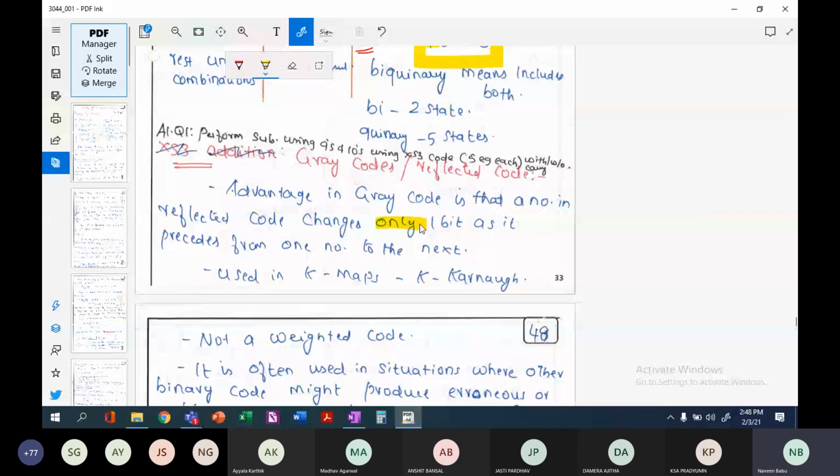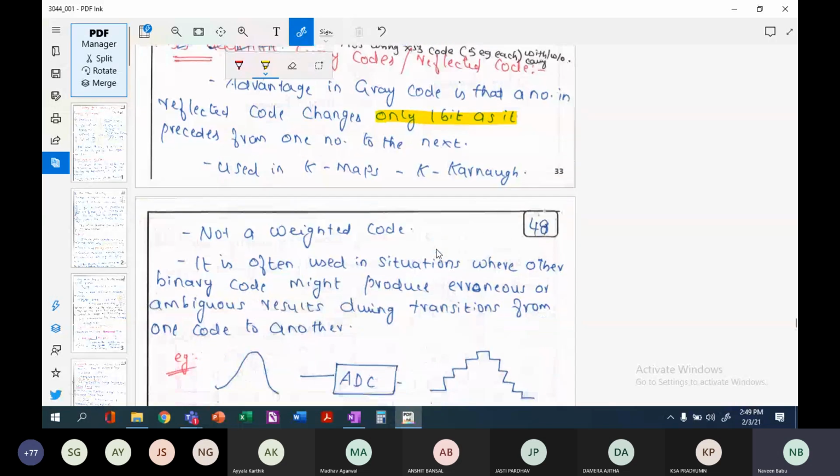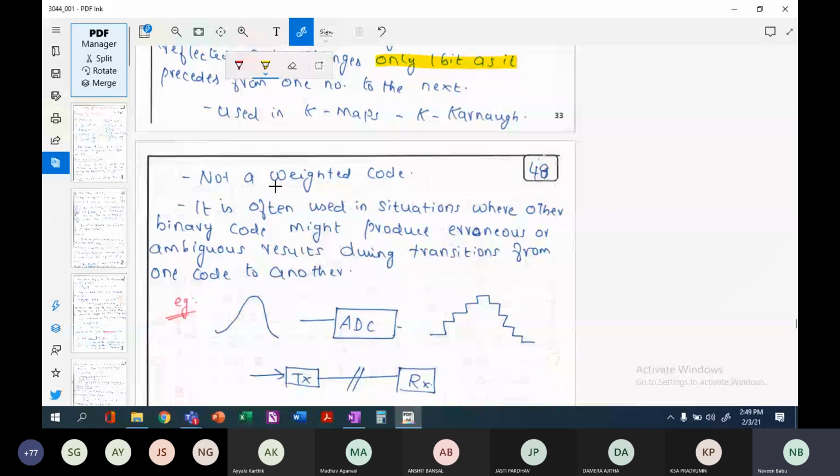They are used in what we call a K-map. Some of you might have studied in class 12 what a K-map is. K-map is called a Karnaugh map. We will see this Karnaugh map in detail later. But currently, just presume that there is something called a K-map where these gray codes are used. Obviously, these gray codes are not weighted codes.